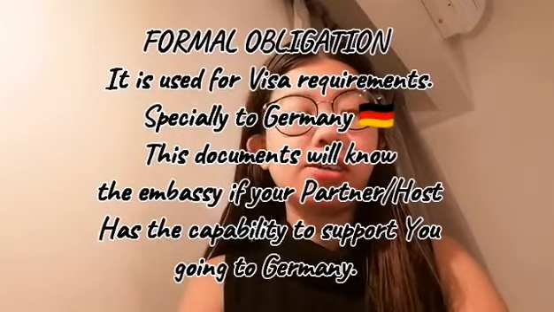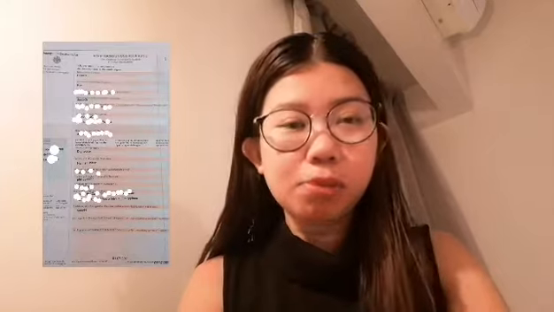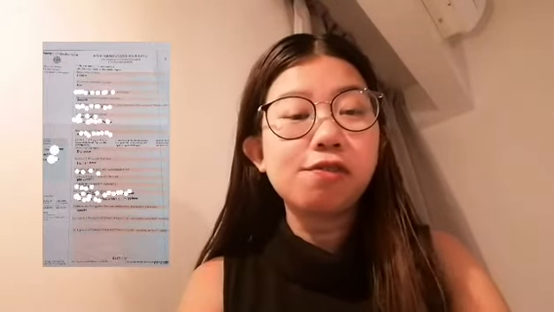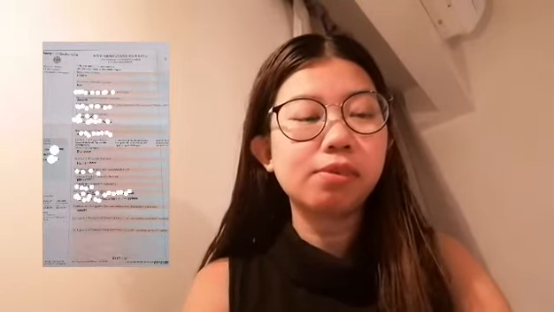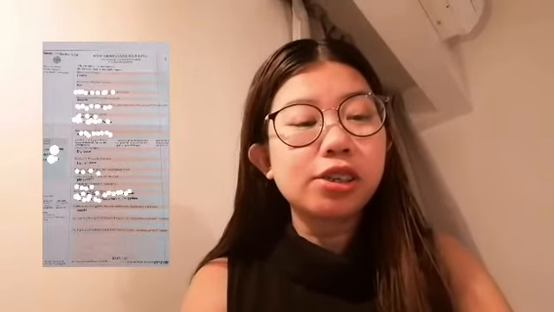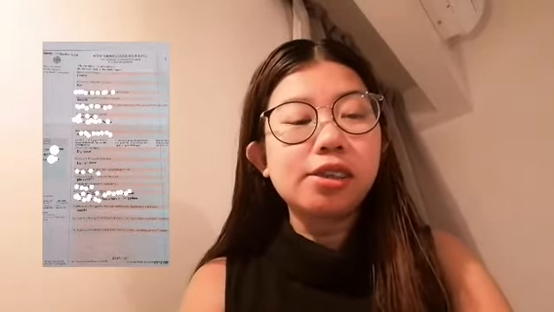Formal obligation is used for visa requirements, especially if you're under a visit visa in Germany. The formal obligation means your partner or your host is capable of supporting you if you're applying for a visa in Germany.